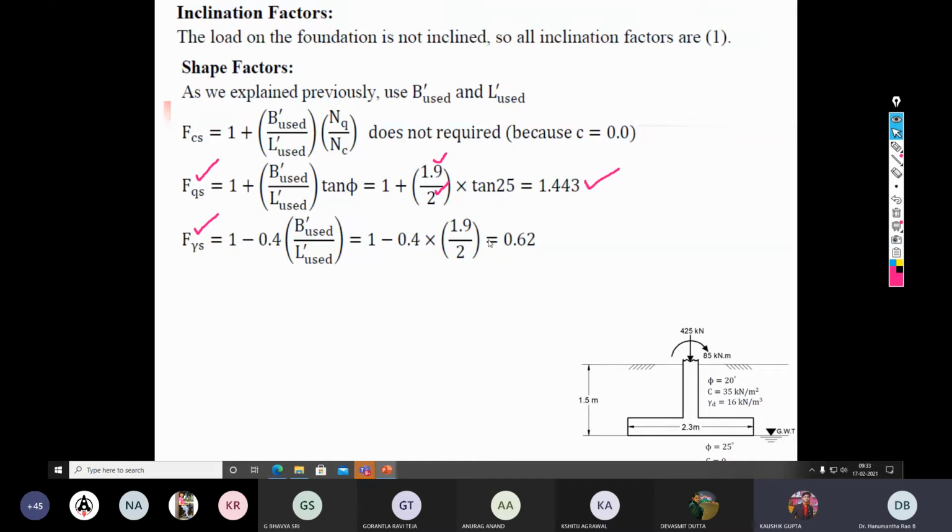So first calculate all the shape factors.